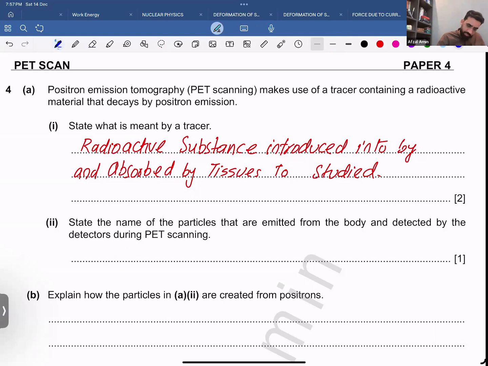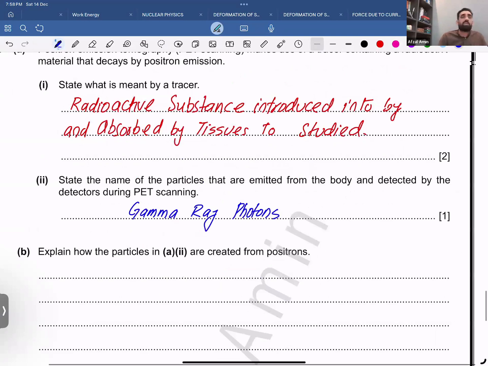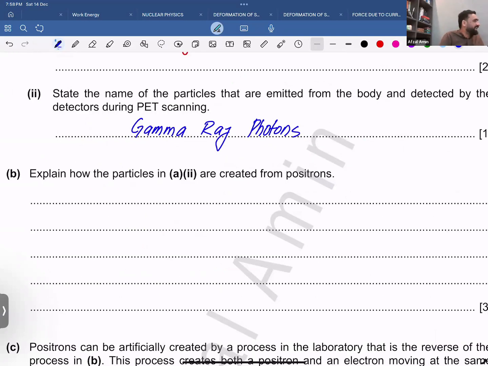No, they want the name, not the symbol. How are they created? I will also write, you will also write. By the way, did they mention anywhere positron? So start from that word first.